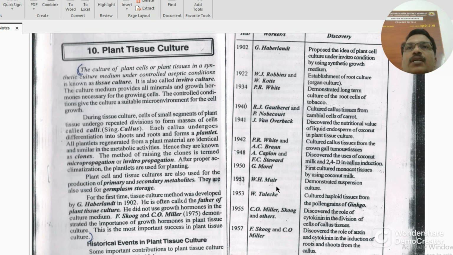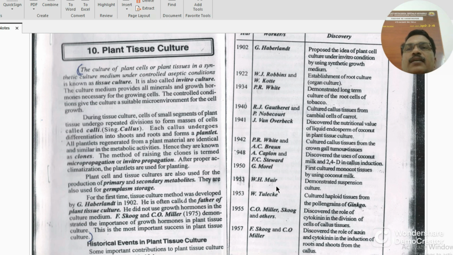During tissue culture, the cells in a small segment of plant tissue undergo repeated division to form a mass of cells called calli. Okay, in the laboratory we usually take just 1 centimeter of tissue. That small tissue will grow by repeated cell division as calli, or singular, callus.